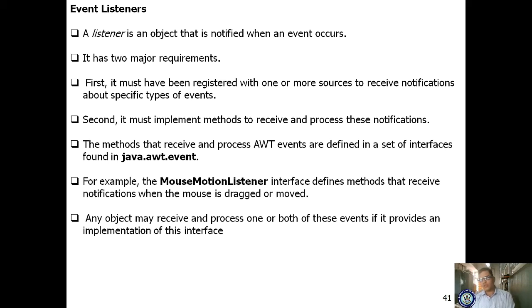Whenever you move the mouse, the MouseMotionListener interface methods are executed, as registered in the event handlers. Any object may receive and process one or both of these events if it provides an implementation of these interfaces. According to the code you specified, it will be evaluated.